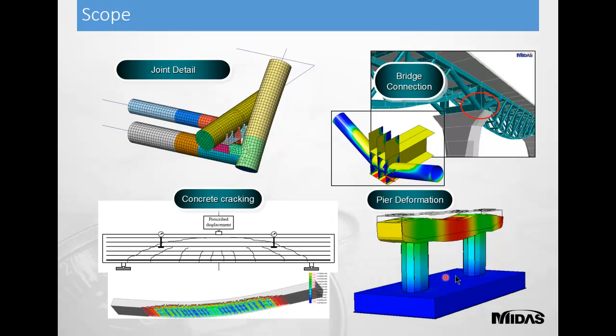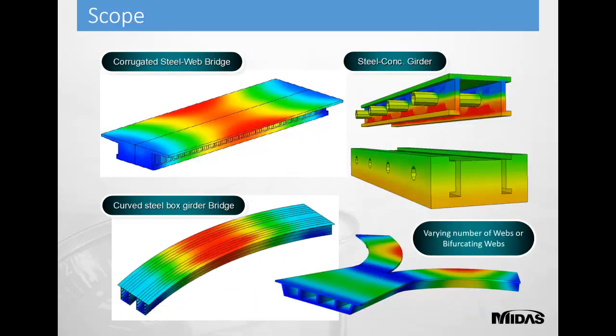Next you can see a pier deformation. When we talk about a deep beam, solid modeling is very much necessary. Why? Because if we go for frame type modeling, then the results are not as accurate. So for accuracy, we have to go for solid modeling of deep beams, which is the proper approach, and hence MIDAS FEA is useful.